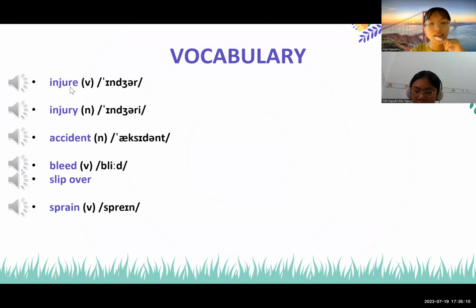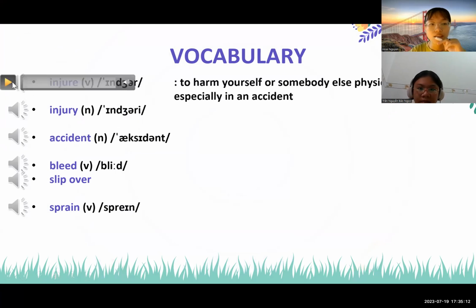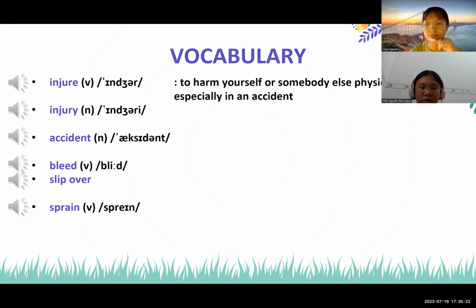First of all, we say injure. One more time, injure. Injure means to harm yourself or somebody else physically, especially in an accident, right? This is a verb.